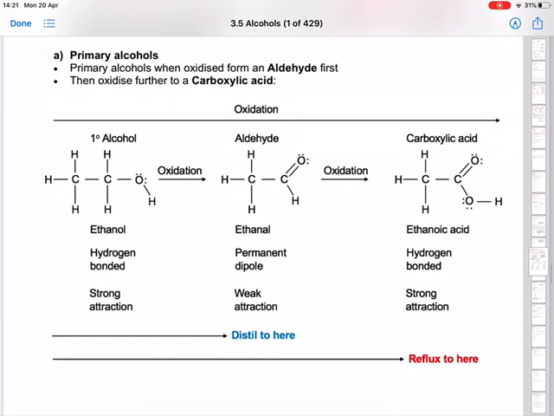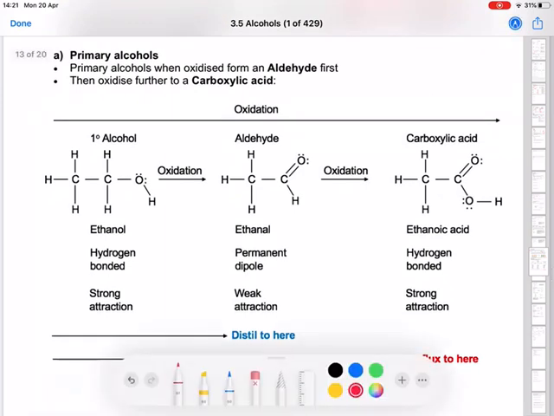So the primary alcohol, when it oxidizes, it's actually a two-step process. First of all, the primary alcohol can oxidize to form the aldehyde, and then if the aldehyde remains in that oxidizing mixture, the aldehyde can then be oxidized again to form the carboxylic acid.